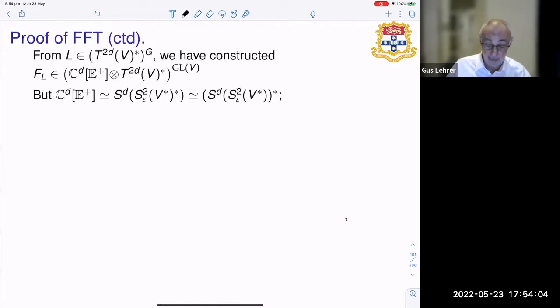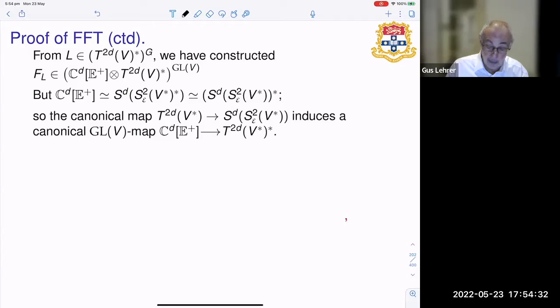So another way of putting that is that C to the D, the degree D polynomials on E plus, is the same thing as the degree D polynomials on S2 V star, and that's the same as this.